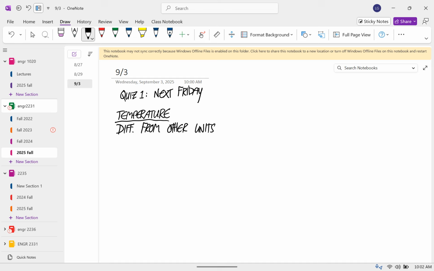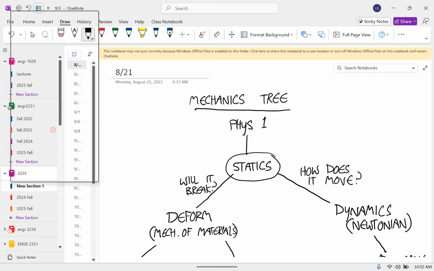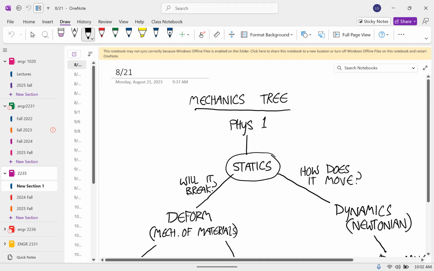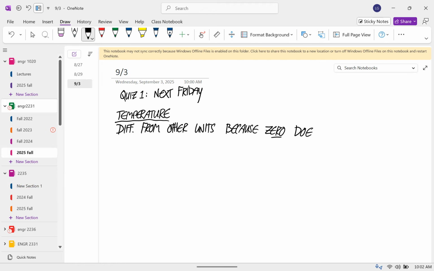And the reason that it's different is that the zeros of the different temperature scales are in different places. So, because, hold on, 0 doesn't mean the same thing in the different temperature units.